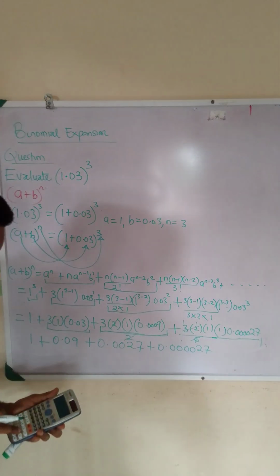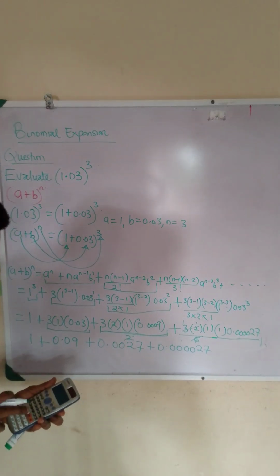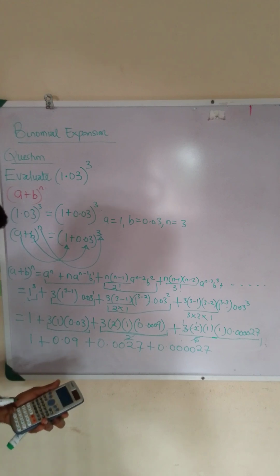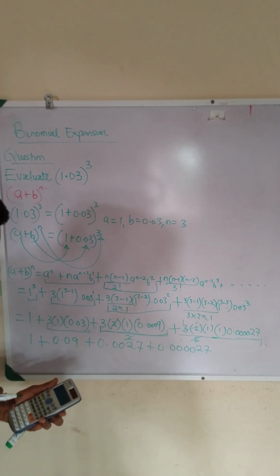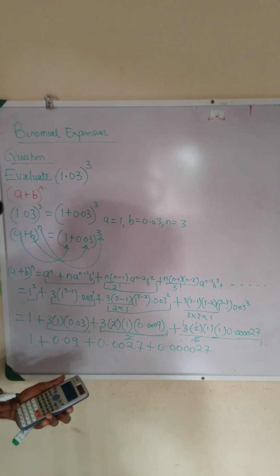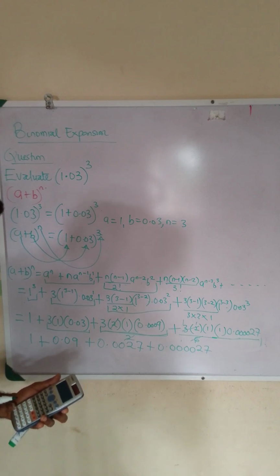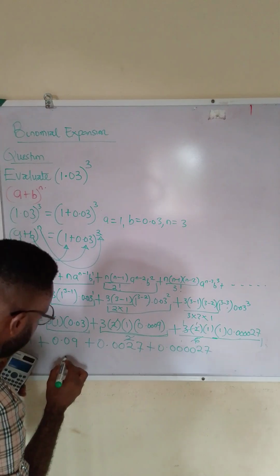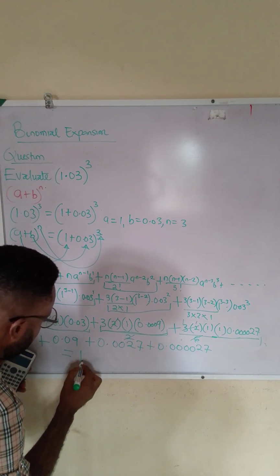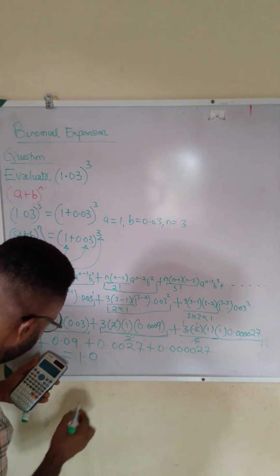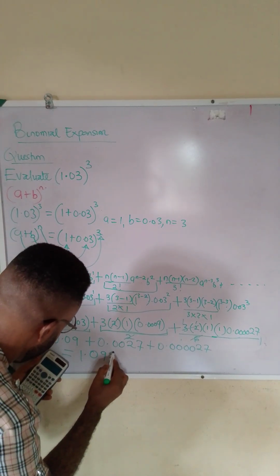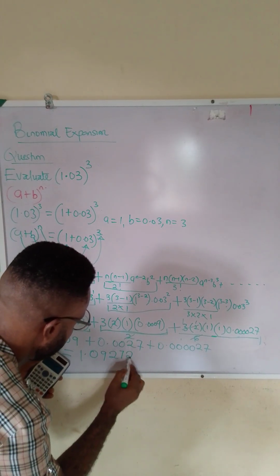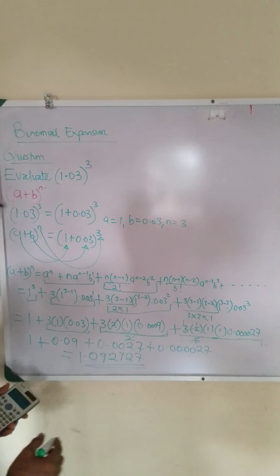So we have 1 plus 0.09 plus 0.0027 plus 0.000027, so this will be equal to 1.092727. So that is our answer.